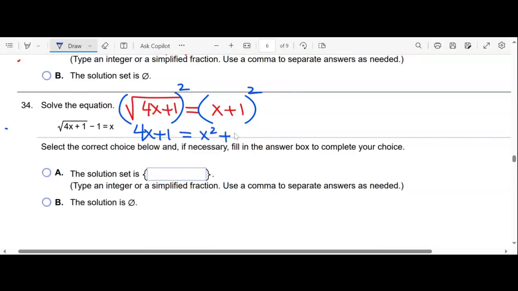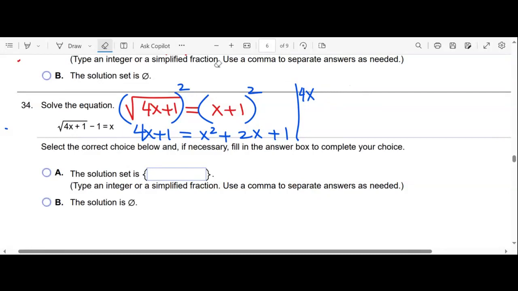X squared plus 2x plus 1. Very good. Now, can I move everything to the left side? So you have 4x minus x squared minus 2x.